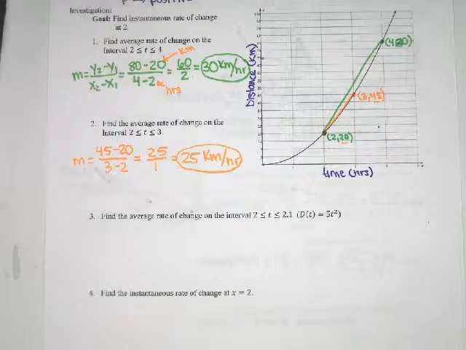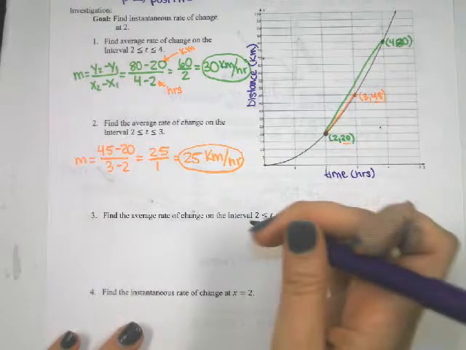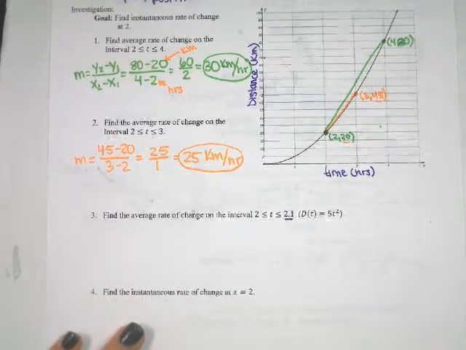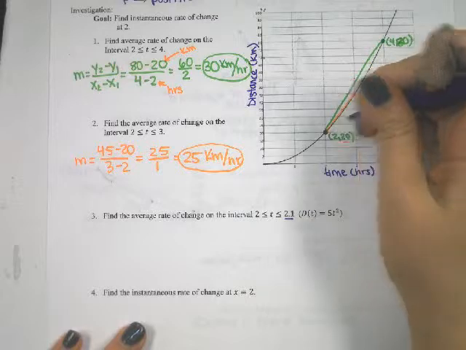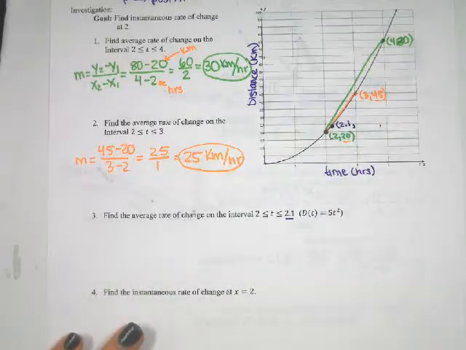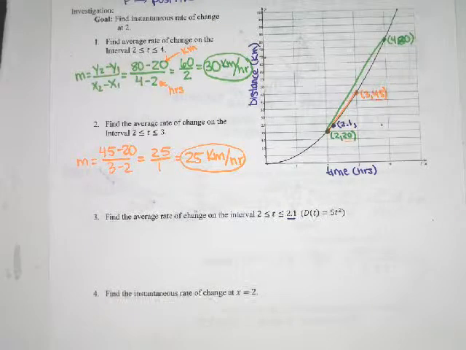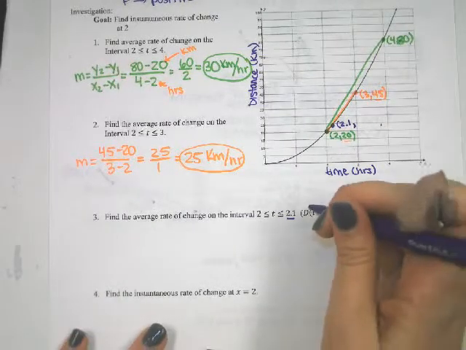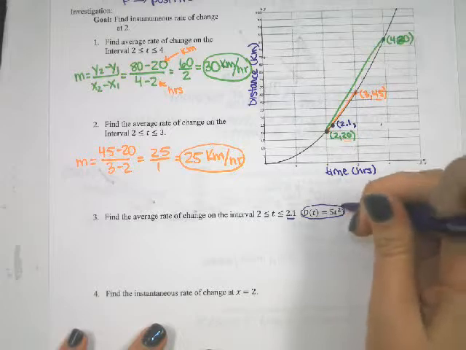We can keep getting closer and closer to the instantaneous rate of change by choosing points that are very, very close to 2. So how about we choose this point, 2.1. Now, I don't know exactly the y value on my graph. You can't pick that out from the graph, but it gave me this equation.